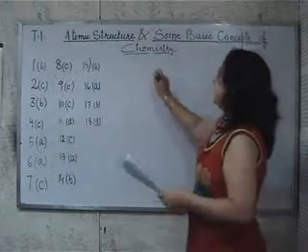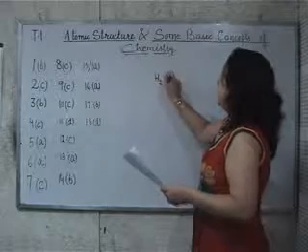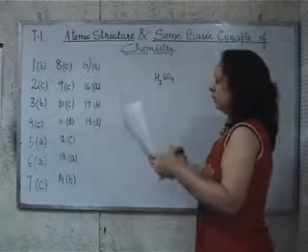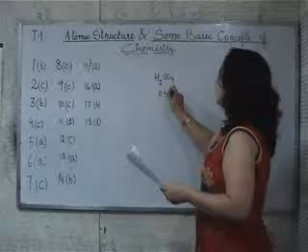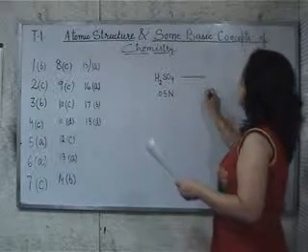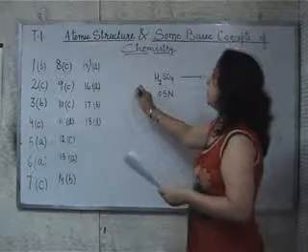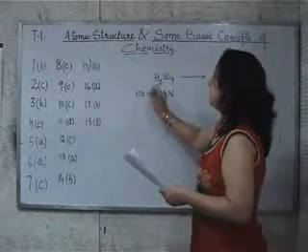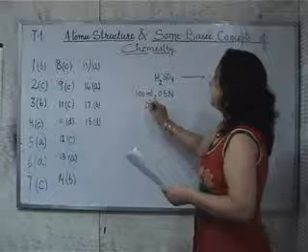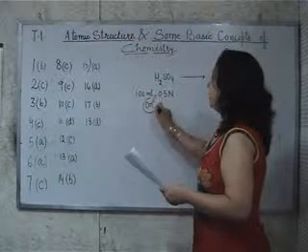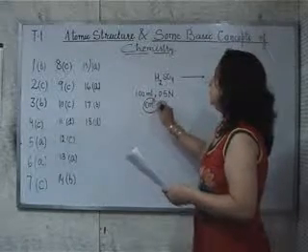Now sulfuric acid, initial 0.5 normal. We want to convert it into 0.1 normal. Volume initially is 100 milliliter. That means centimeter cube. 1 centimeter cube is 1 milliliter.